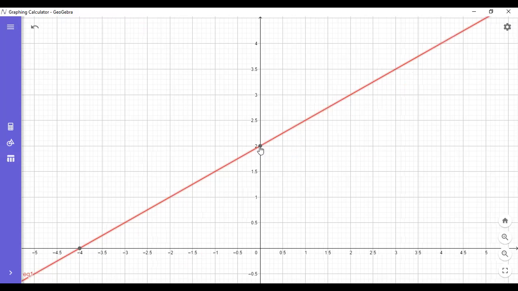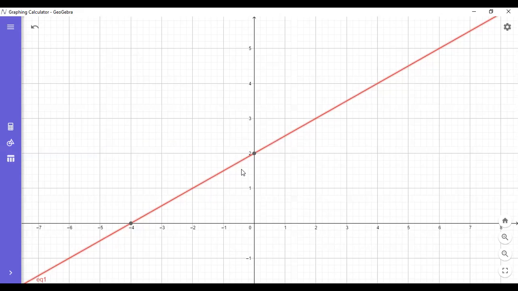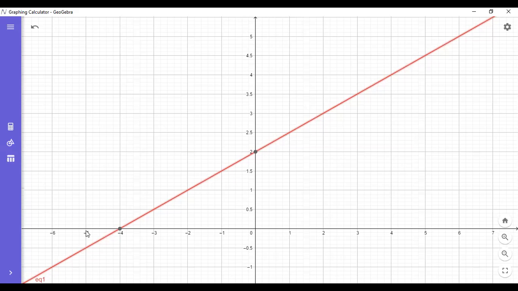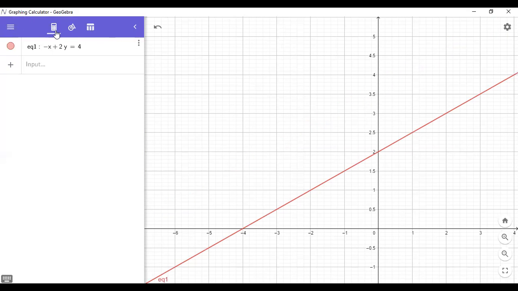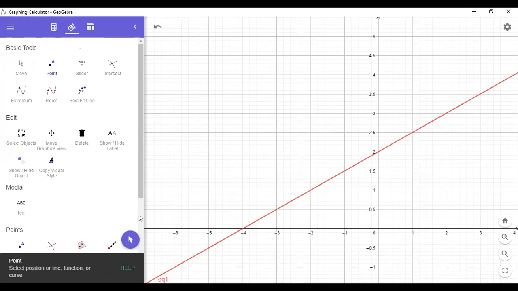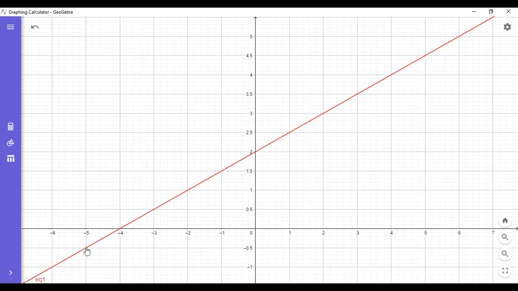You can see these 2 points. We have got our points now. Now, you know that when x is 0, y was 2. And when x is minus 5, I'm going to put a point here.